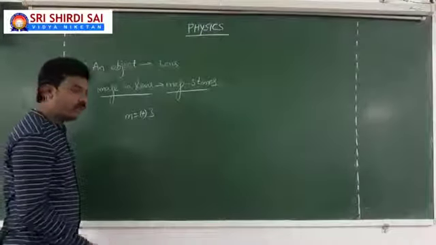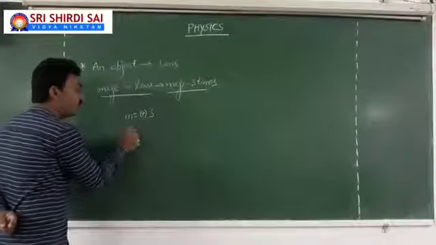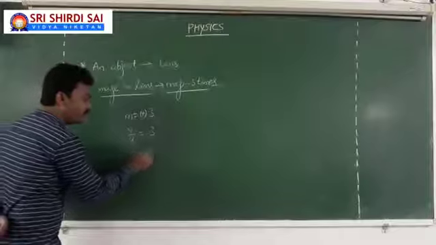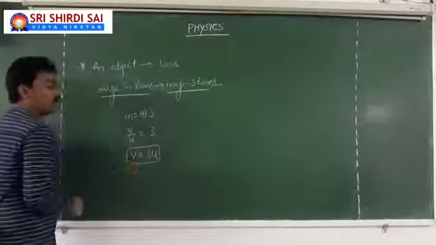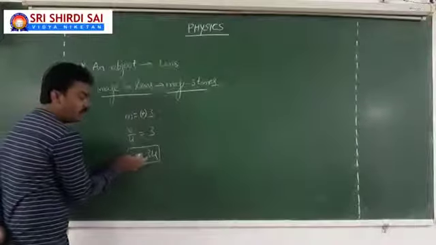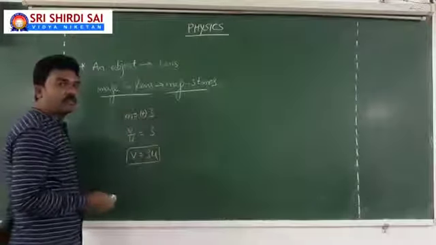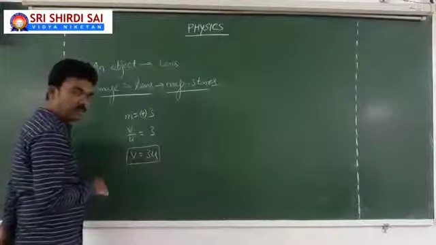Now, your point will be v by u equal to plus 3, so v equal to 3u. I mean, you can replace the image distance v with 3u. Sir, where to replace and why to replace? That's what my example is.